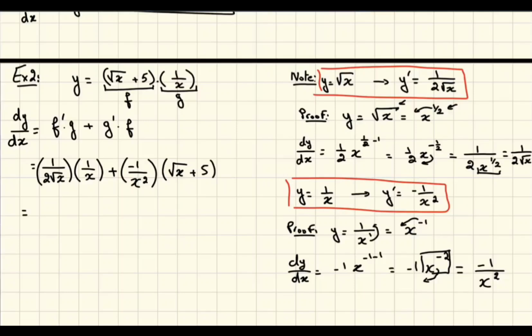equals, the first one, we do 1 times 1 is 1, and in the denominator, 2 radical x times x, we can write it as 2x radical x in this way. For sure, we cannot multiply the x's because one is inside the radical, the other one is outside. Now, plus minus, we can write it as minus, but I will write plus here, and I will distribute the minus 1 for this one.